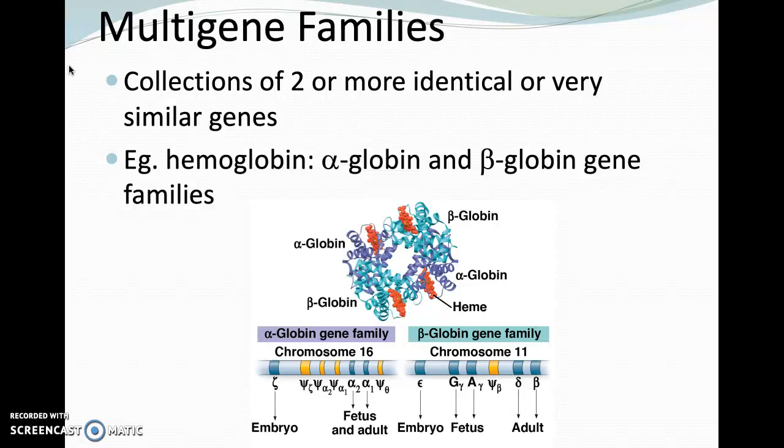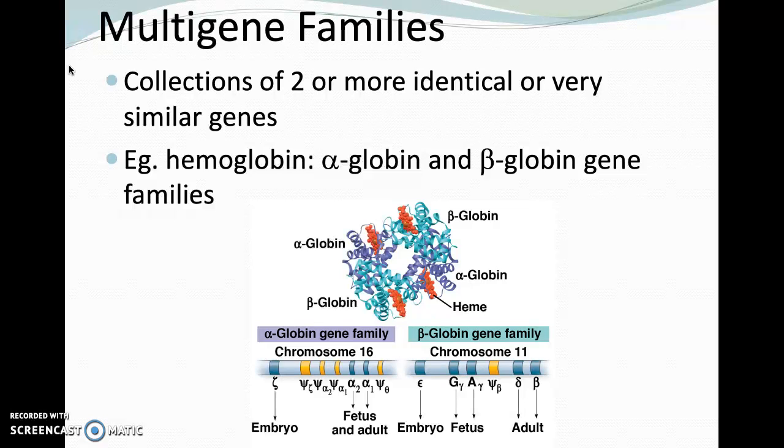When you look at the chromosome at the bottom, where it says chromosome 16, you can see alpha 1 and alpha 2 on that chromosome. They're near each other. They are very similar because they're going to be producing the same protein after transcription and translation, but not identical because they're on the left versus the right.